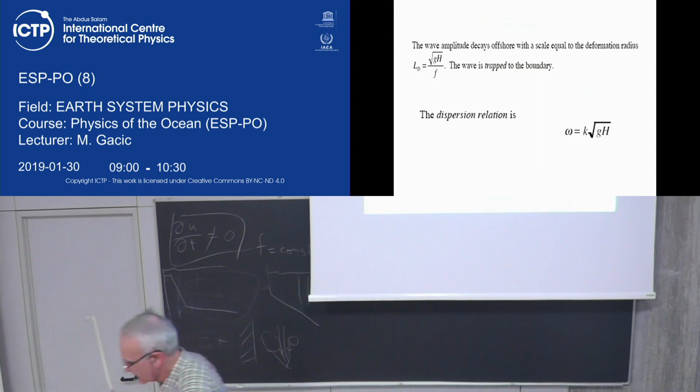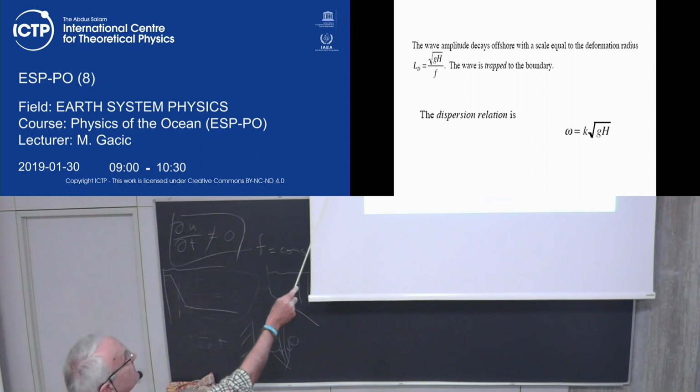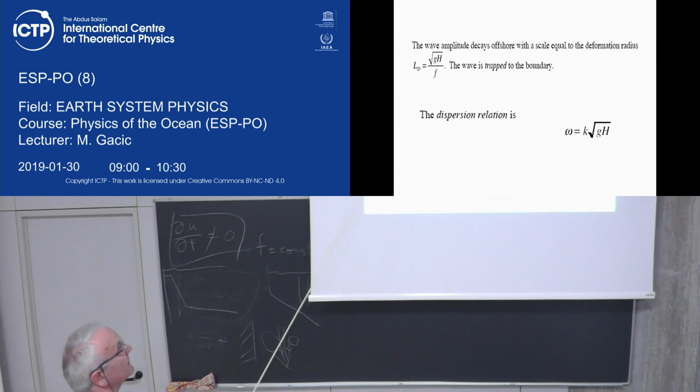Okay, so this is what we said right before. The amplitude decays offshore with a scale equal to the deformation radius. Now we introduce the Rossby radius of deformation, which is this one here.